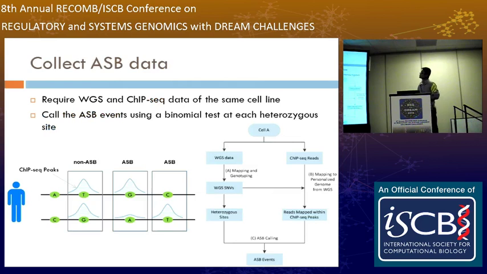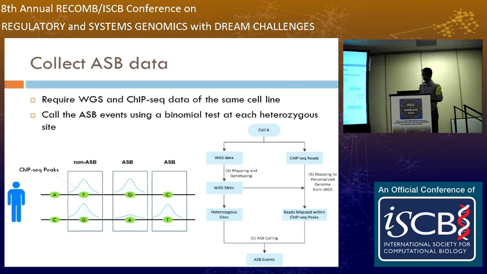To collect the ASB data, we developed a pipeline which requires whole genome sequencing data and ChIP-seq data. First, we use the whole genome sequencing data to call the genotype of the given cell line. Then we use the called SNPs to build a personal genome. This personal genome enables us to better map the reads carrying non-reference alleles in this cell line.